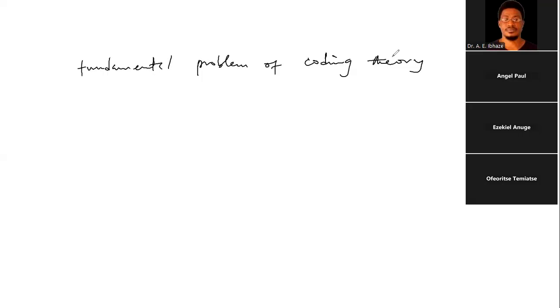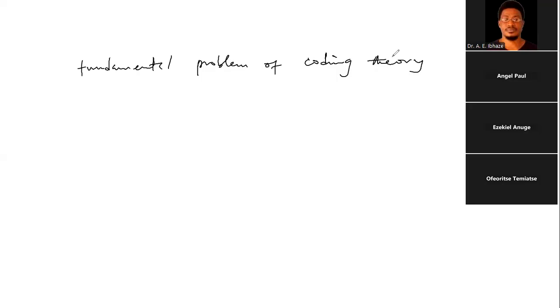Now, we have addressed the fundamental problem of information communication, which is reliable transmission, right? And we have been able to establish that for us to achieve that, we need some kind of finite fields, which leads to coding, right?